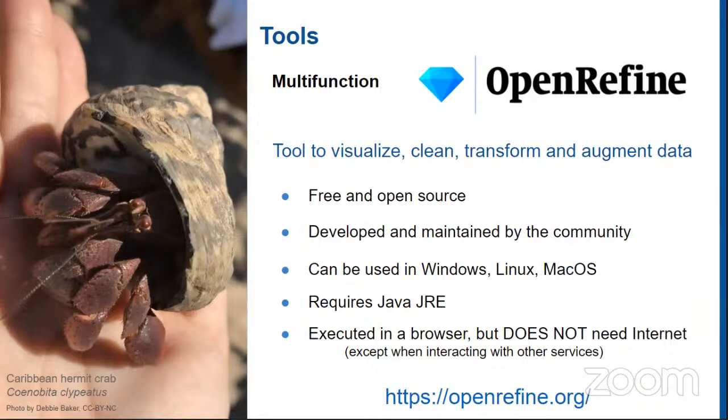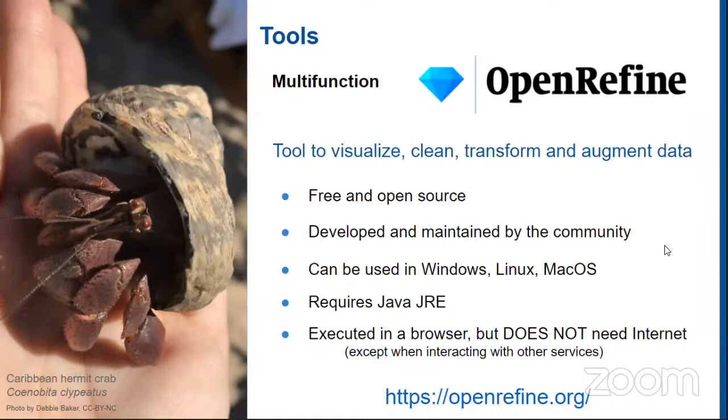There is a very active community around OpenRefine, and they are very nice. Every time we ask questions, they are always answering. So I invite you to take a look at the different forums about OpenRefine to understand how this community works.